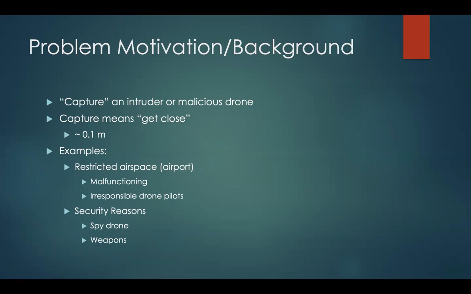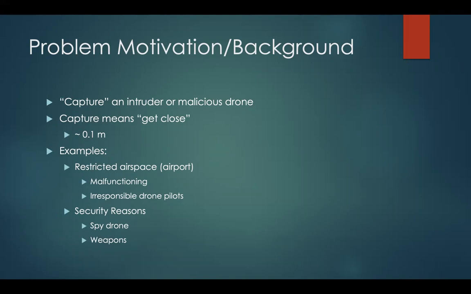So some examples of this problem are, say you're at an airport or some other restricted airspace. There could be a drone that is malfunctioning, or perhaps even an irresponsible drone pilot that is flying a drone where it should not be. The idea of our project is you could send out a friendly drone that can go and capture the malicious drone.